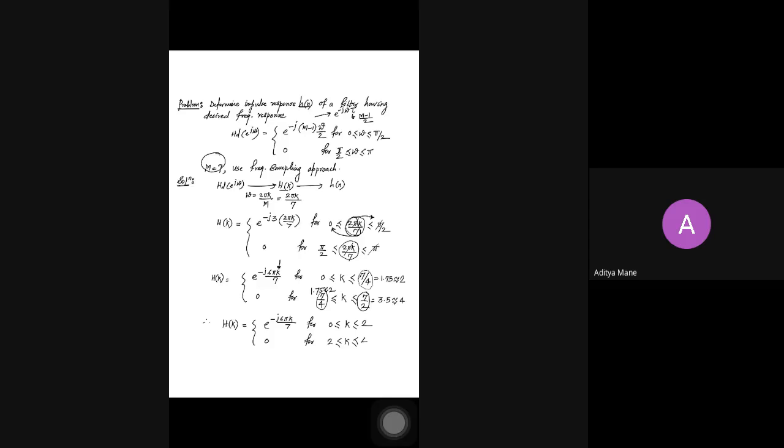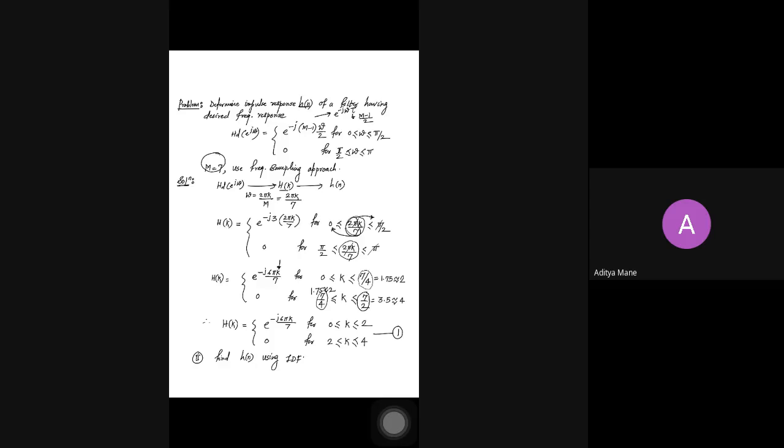This is the first step. Then the second step. You call it equation number 1. Now in the second step, find h of n using IDFT.